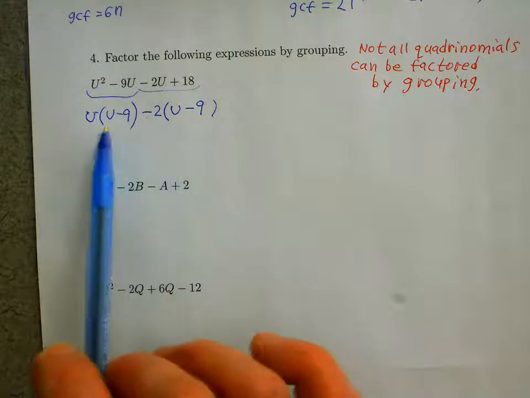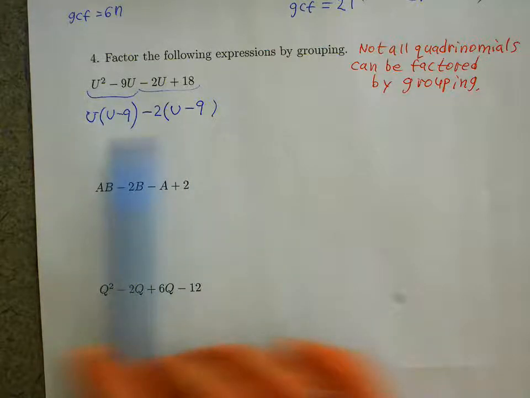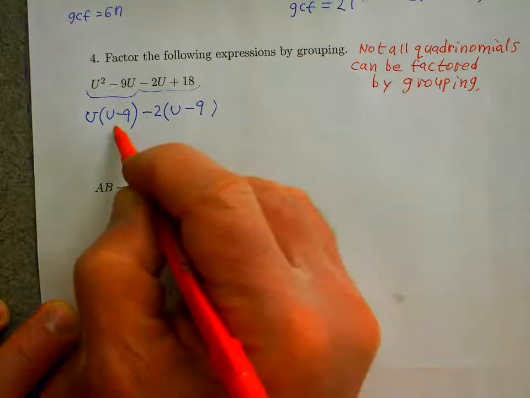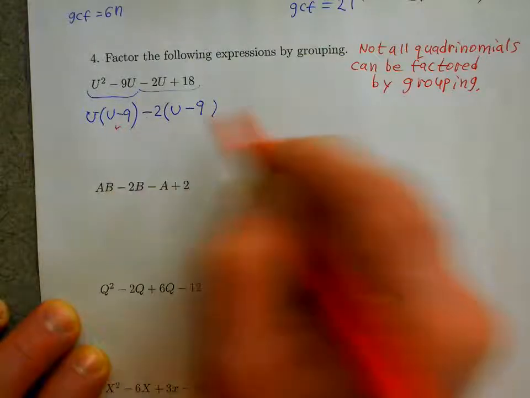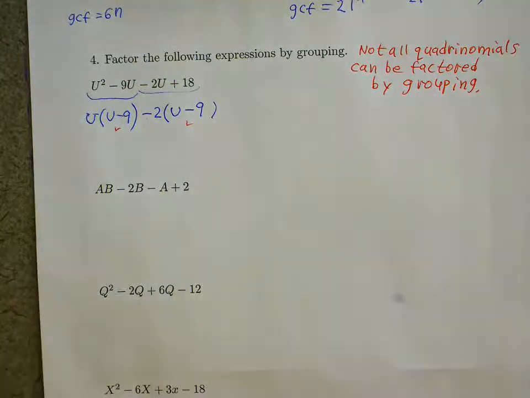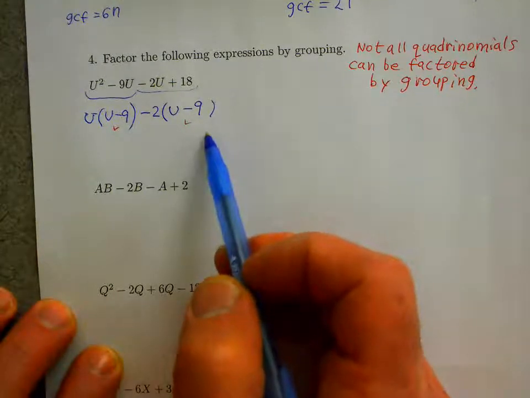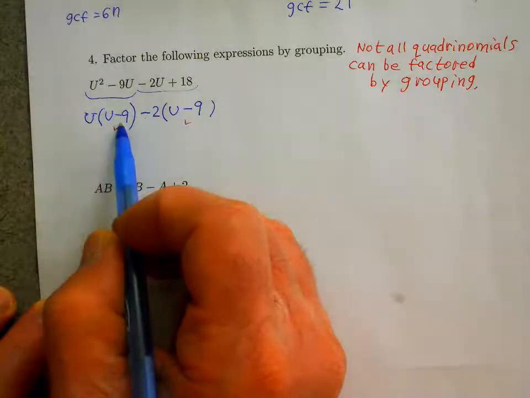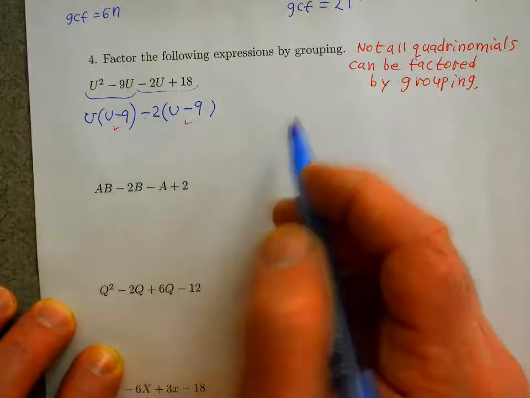Okay, so this is the first step in the factoring by grouping. And what we want to check, notice that the binomial u minus 9 appears in 2 places. And so what that verifies is that this quadrinomial can be factored by grouping. And then the final step is to factor the binomial u minus 9 out of each of those terms.